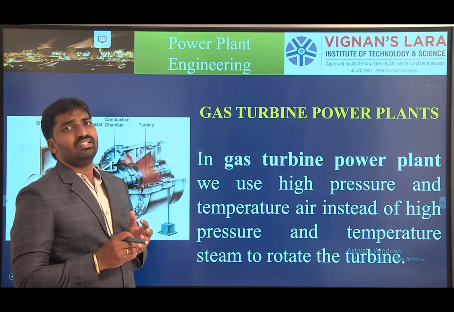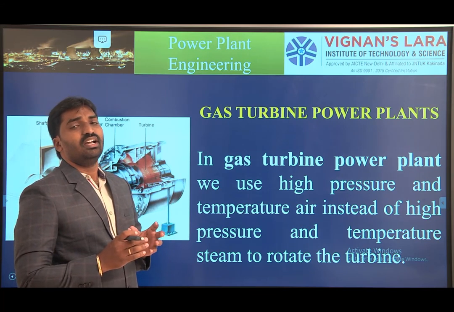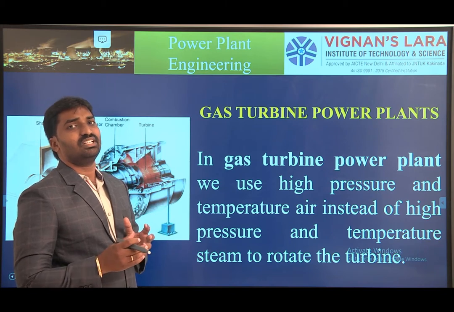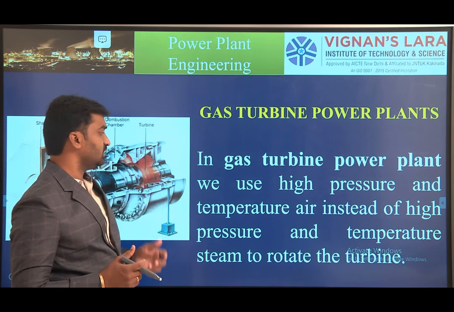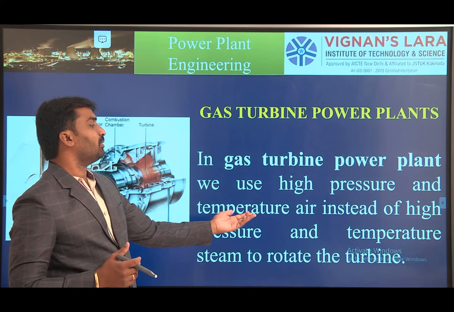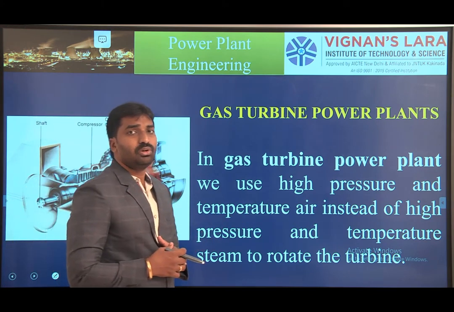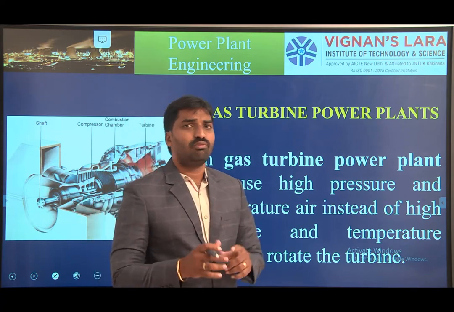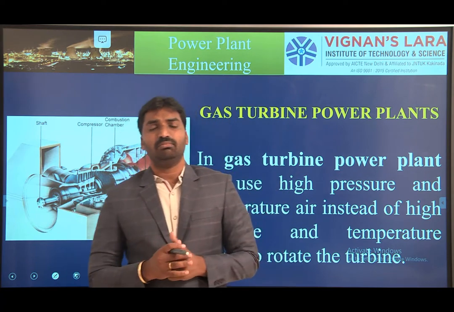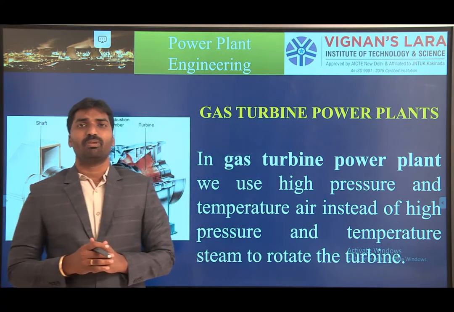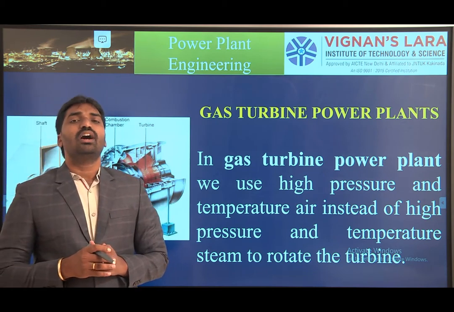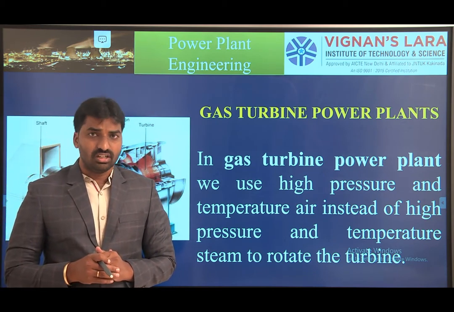The gas turbine works with a working fluid of exhaust gases or mixed gases, that is, high pressure, high temperature air instead of steam. In a steam power plant, the working fluid is steam. Here, in a gas turbine power plant, the working fluid is high pressure, high temperature air.